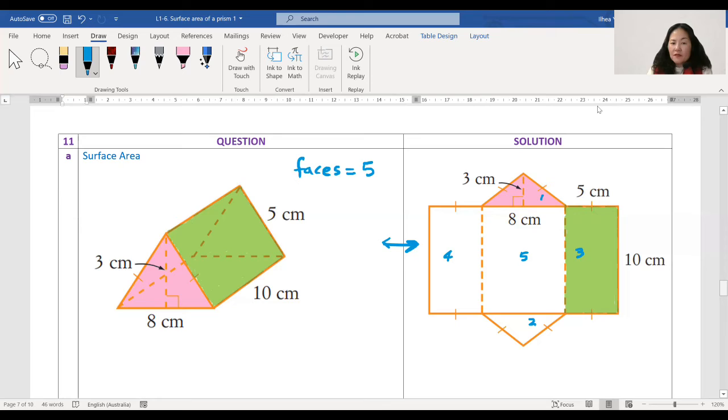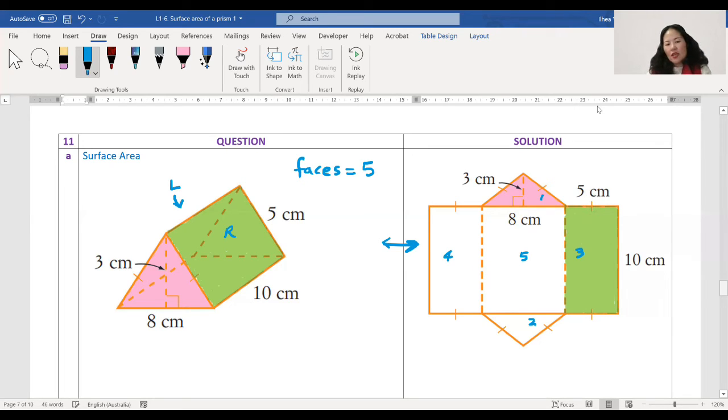Okay, how many different shapes do we have? I can see 2 different types: one is triangle, one is rectangle. But even the rectangles have 2 different types. This is my right, and the other side is my left.